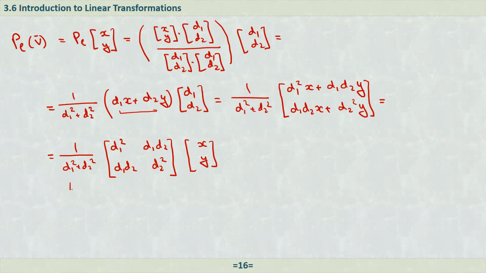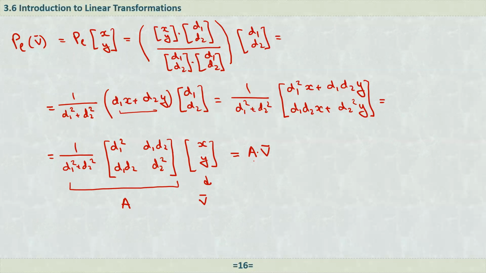So let's see what we have here. It's just a matrix. If I denote this by A, then what is this? It's our original vector V. Here we have matrix A times vector V. Okay, it's not a dot product, it's just a matrix product. So that means it's a matrix transformation.